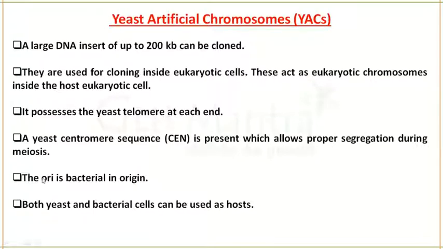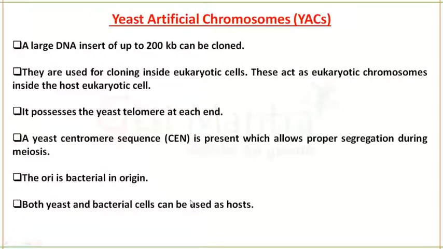Okay, it has two types of origin of replication. One, it can also have a yeast artificial chromosome's origin of replication and a bacterial origin of replication. Both yeast and bacterial cell can also be used as a host. Okay. This YAC can be used inside yeast as well as bacteria.